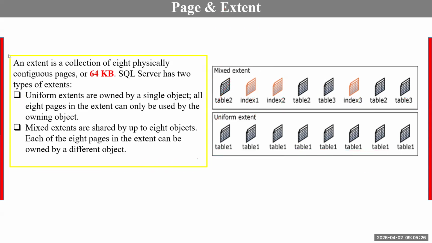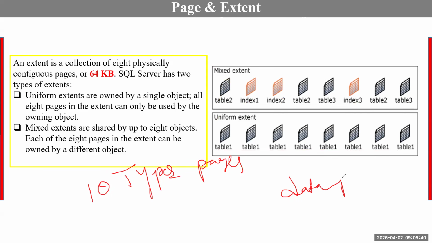Now, how many types of pages are in SQL Server? We have 10 types of pages. Out of that, you already know one: the data page, the physical page where your data is stored.